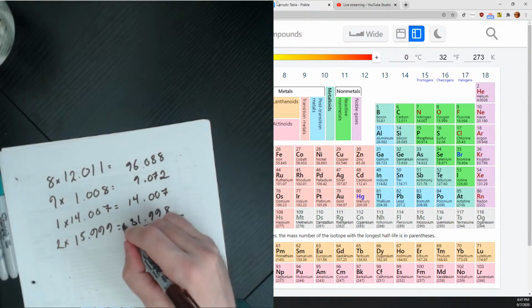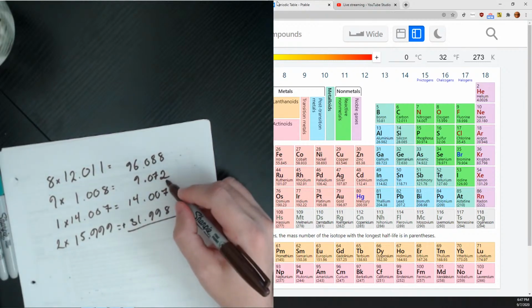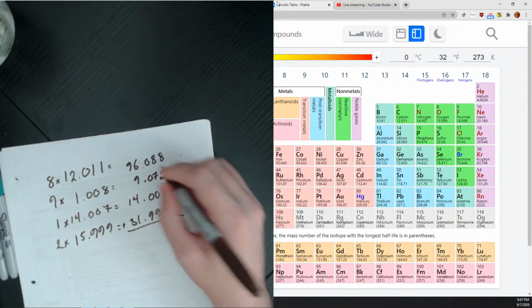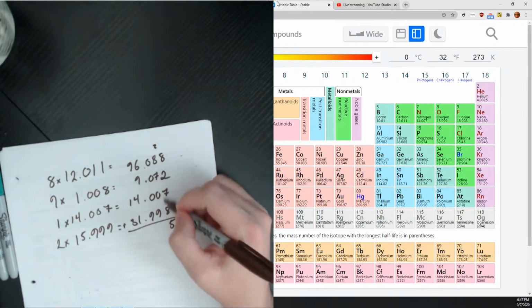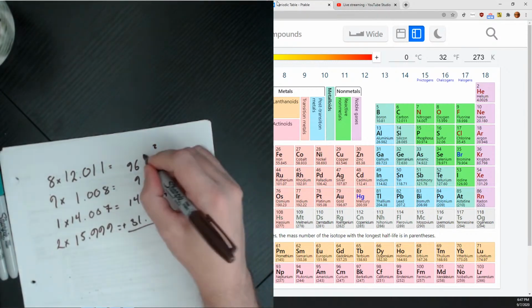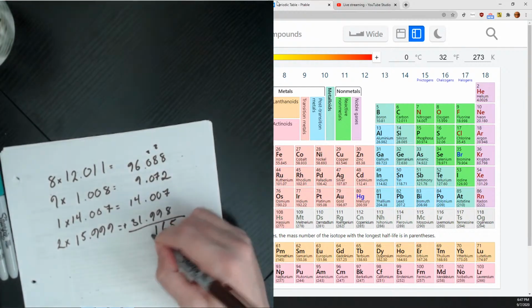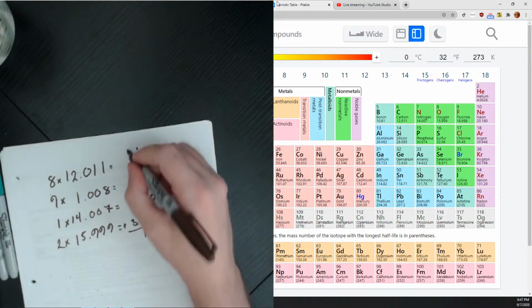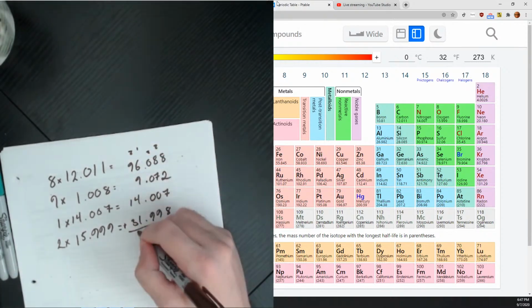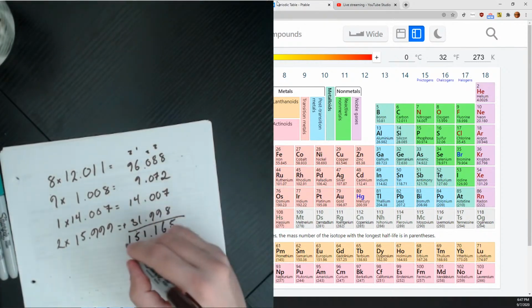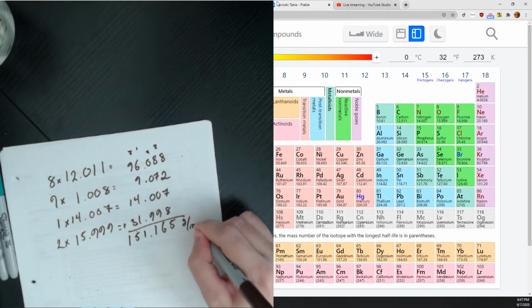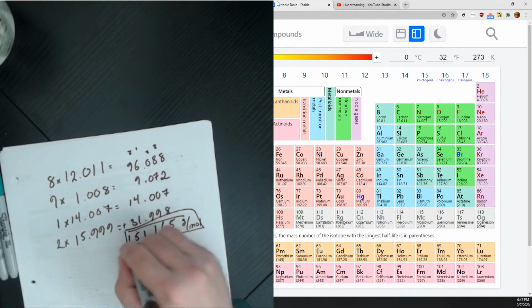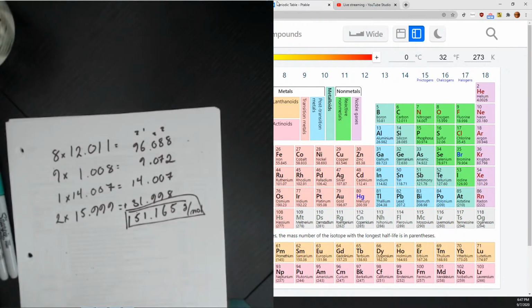And now we just add those together. 151.165 grams per mole.